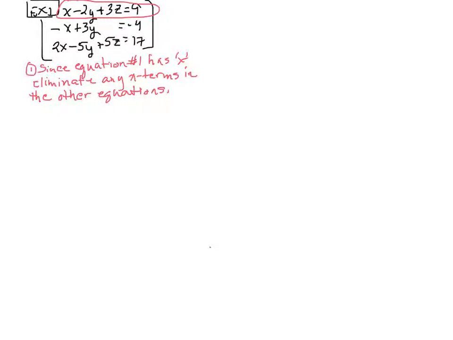So we're going to take the first two equations, x minus 2y plus 3z equals 9. I'm going to add to that negative x plus 3y equals negative 4. So a great thing happens, the x terms cancel, and I'm left with y plus 3z is equal to 5.